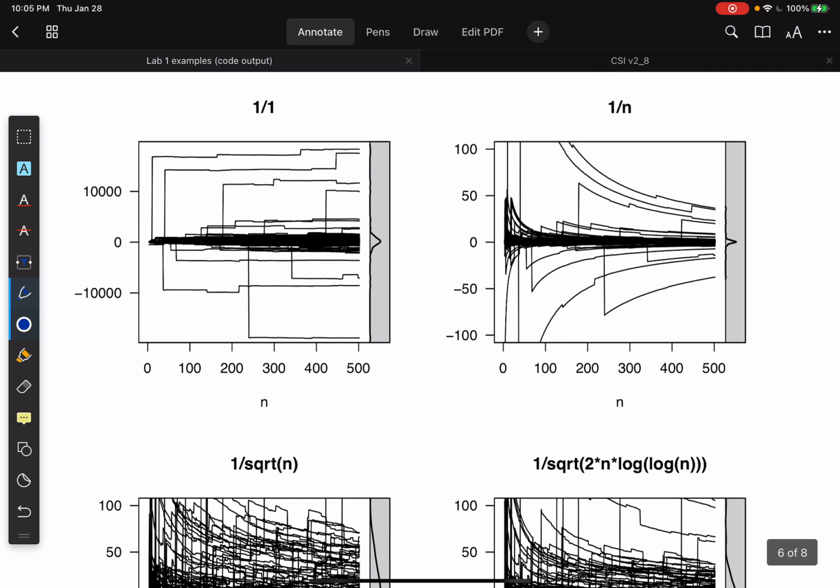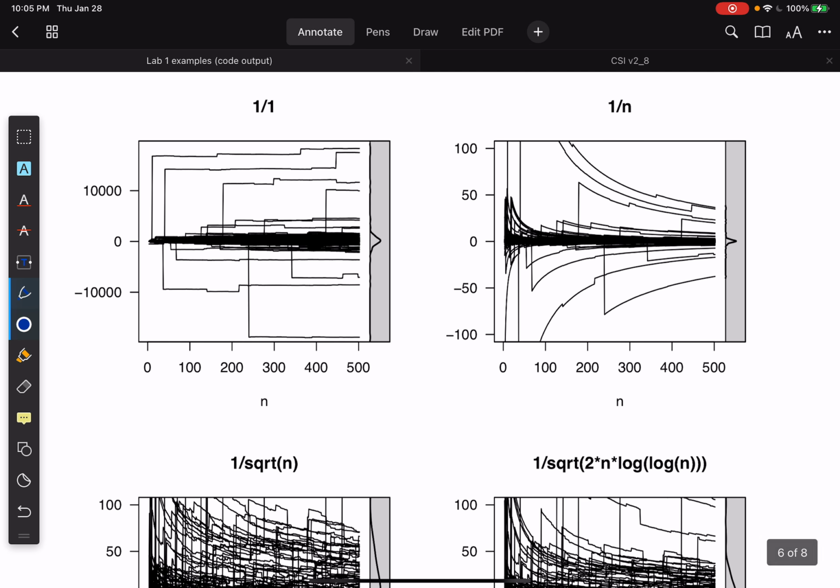And look at that. So here is the sample. Here's just the regular sums. Now you've got to pay attention to the scale. That's 10,000. That's 100. Here's the mean. And here's exactly that behavior that I showed you. Something pops up, and then comes back down. Pops up, comes back down. Pops up, comes back down.